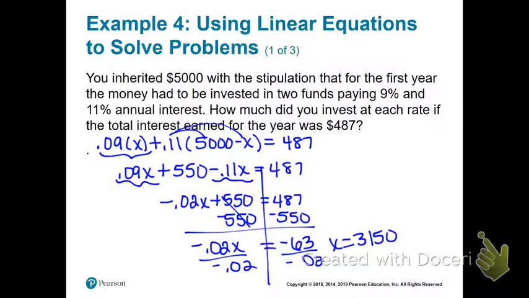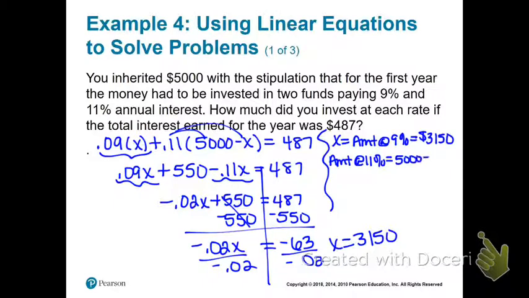Now, notice you had written previously that x equaled the amount invested at 9%, right? So you know that amount is 3,150. Then you put the amount invested at 11% was 5,000 minus x.